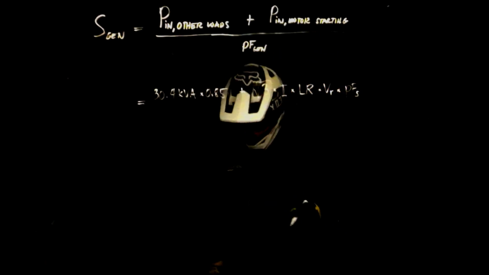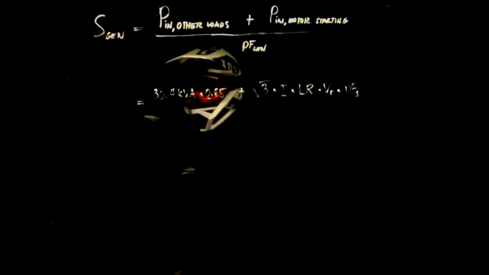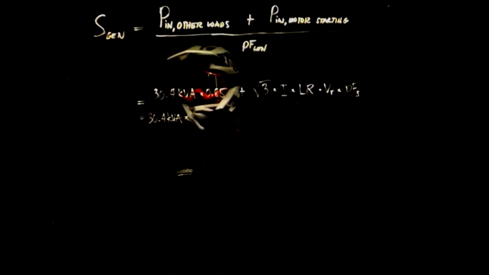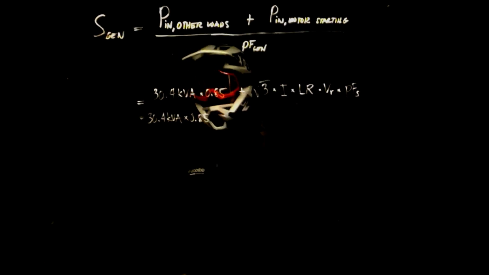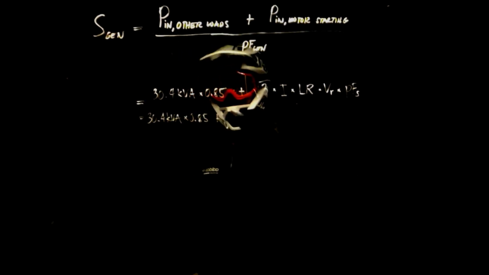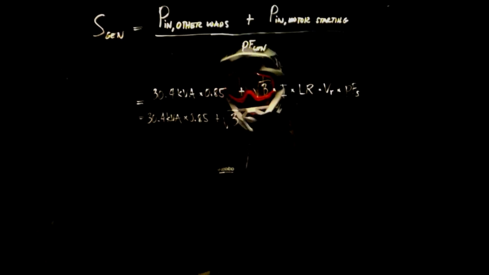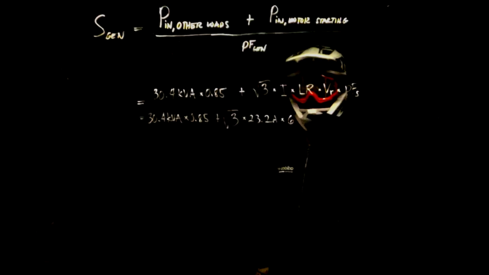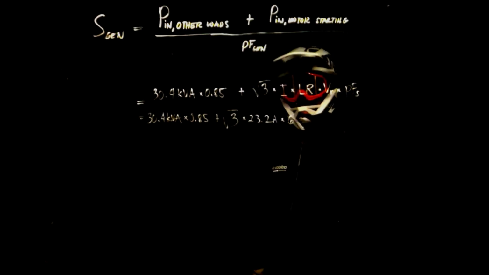Okay, so we will rewrite 30.4 kVA times 0.85 plus square root of 3 times 23.2 amps times the multiplier 6. So since we're just using the line, the other factor will be just 1.